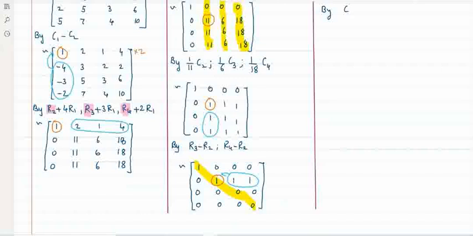Here, C3 minus C2. C2 is the key element. C4 minus C2. So the new equivalent matrix, you have to complete the calculations. Column transformation, that's why I will represent the matrix column wise. 1, 0, 0, 0. Second column also no change. 0, 1, 0, 0.